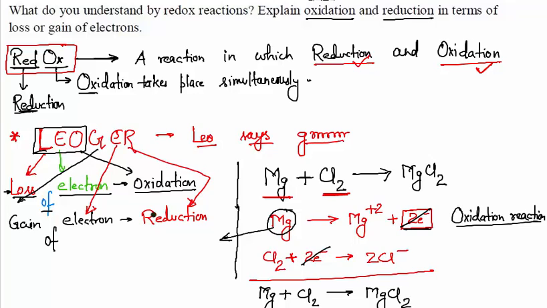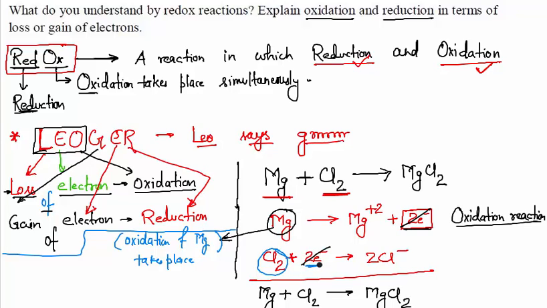And in this case, chlorine is gaining electrons, and gain of electron is reduction. So reduction of chlorine takes place.